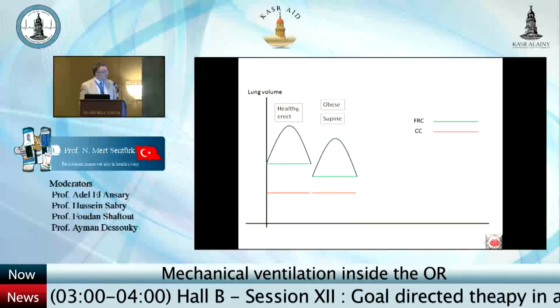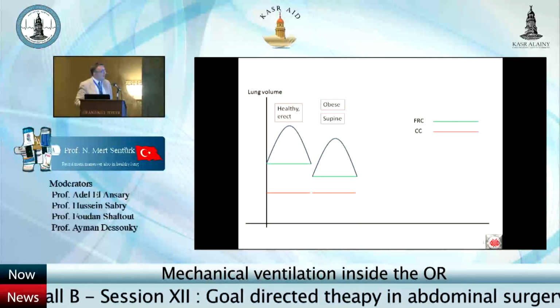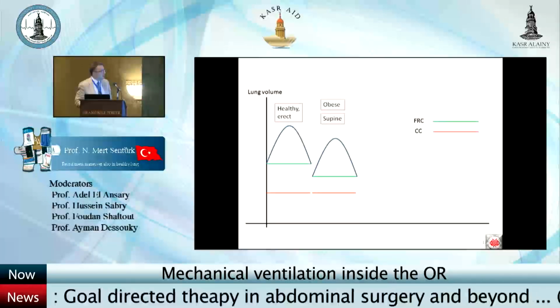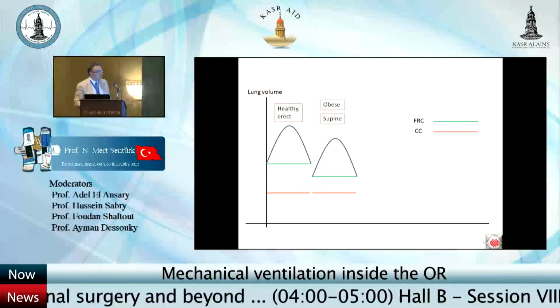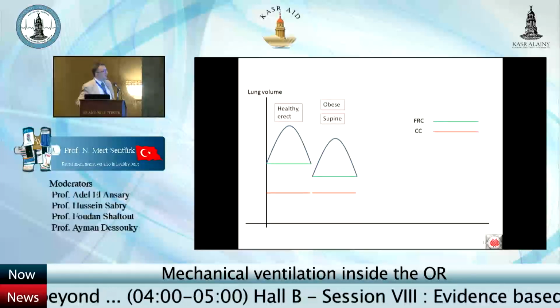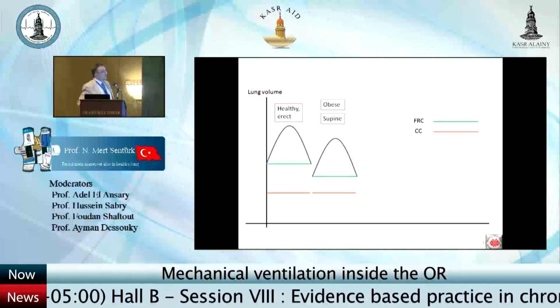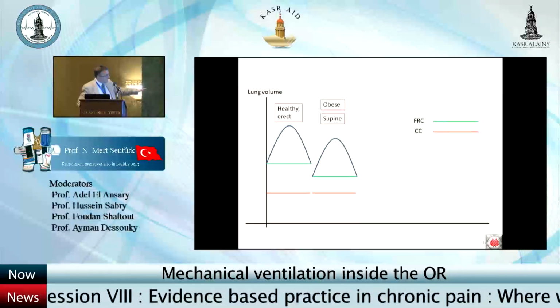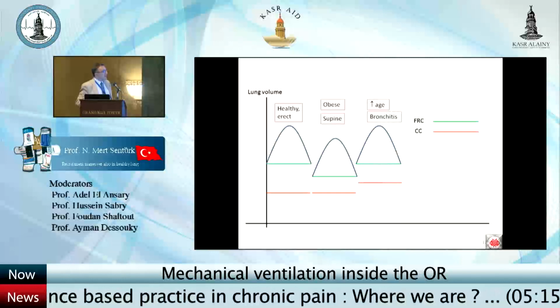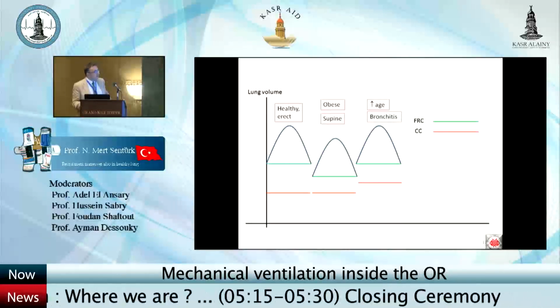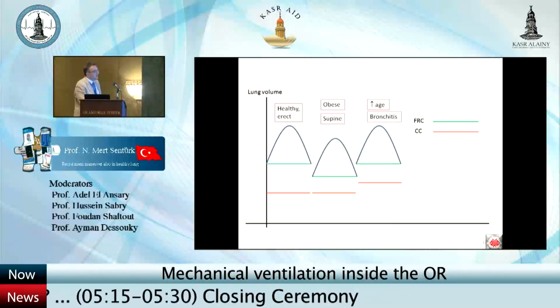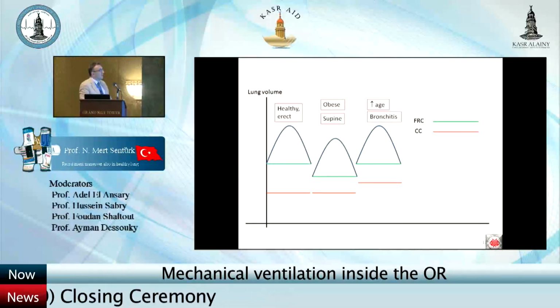You see the relationship between the FRC and the closing capacity. Normally, the FRC is well above the closing capacity, and therefore the risk of atelectasis is very low. But in an obese patient or a patient lying supine, the FRC comes closer to the closing capacity. And if I get older or if I have COPD, especially bronchitis, the closing capacity comes closer to the FRC.